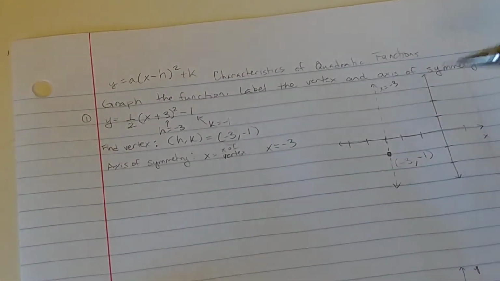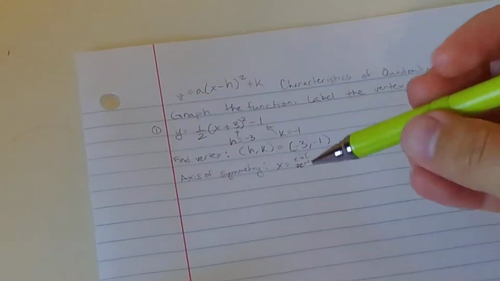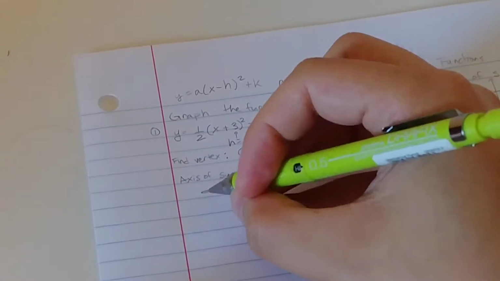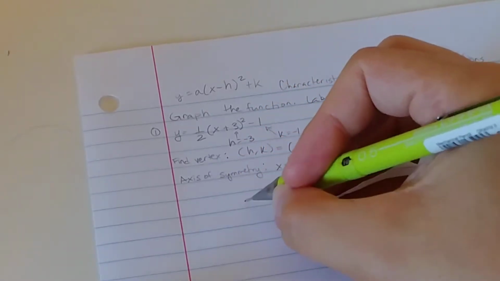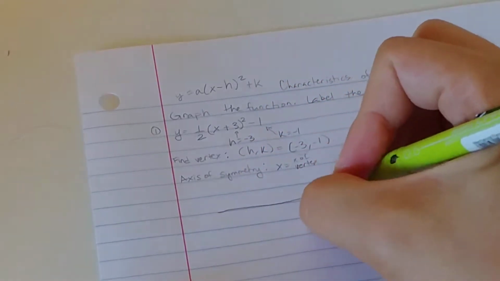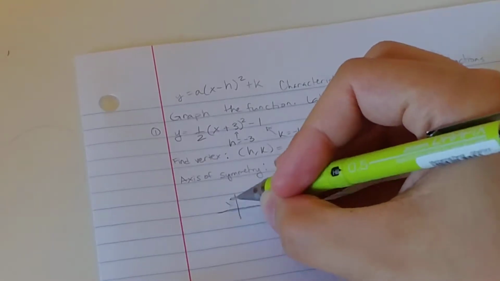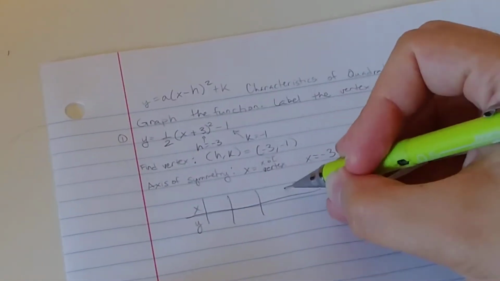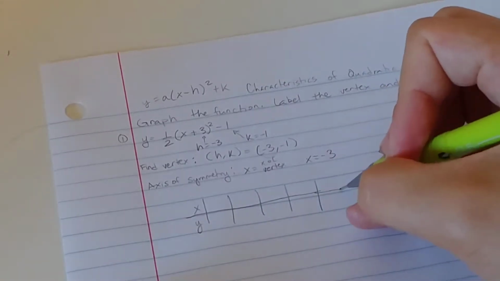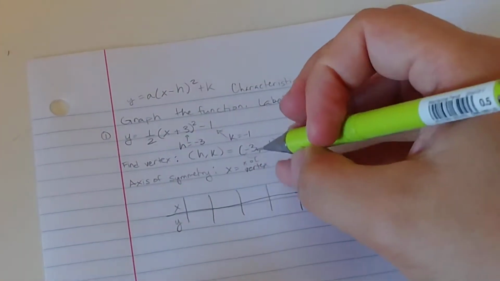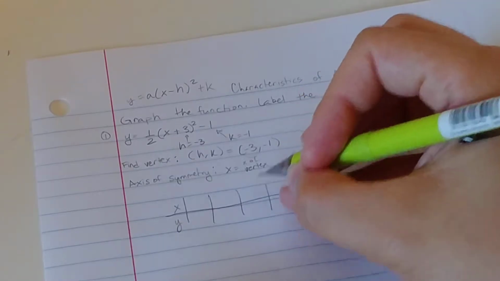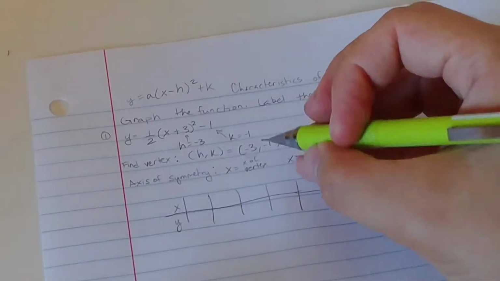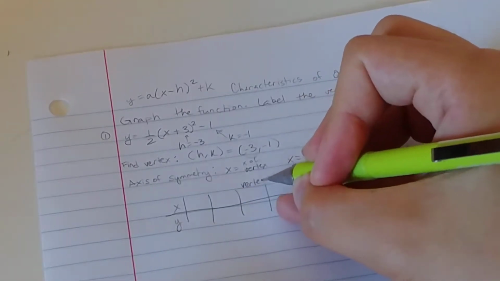Okay, so just like before, after you find the vertex, let's make a table. So you need 5 points again. All right, but we're actually only solving for 2 of them. So here, remember the middle is our vertex.